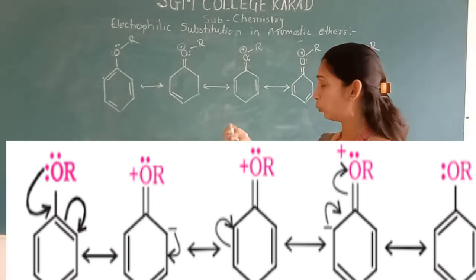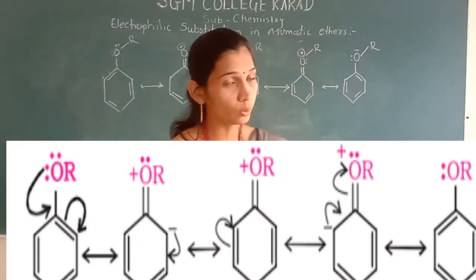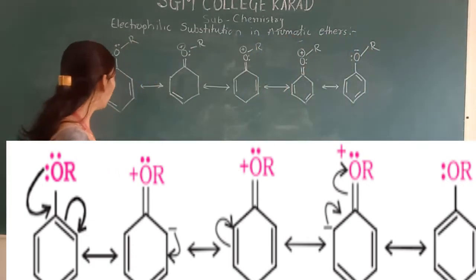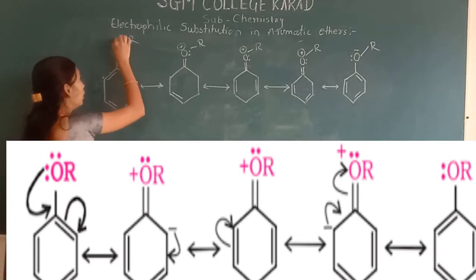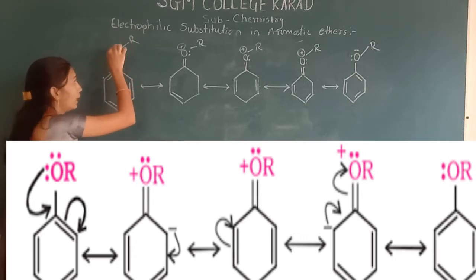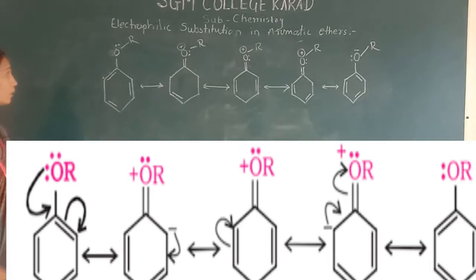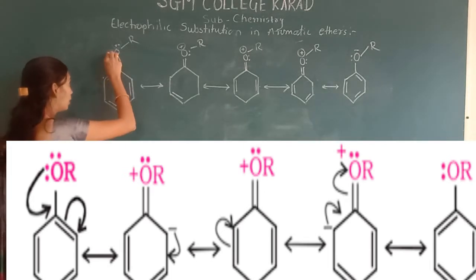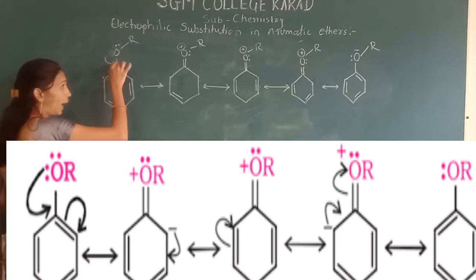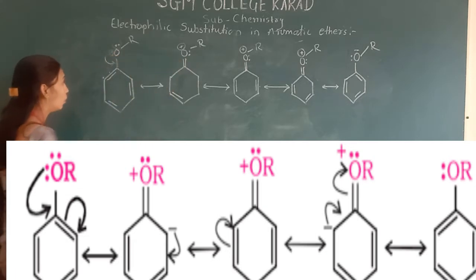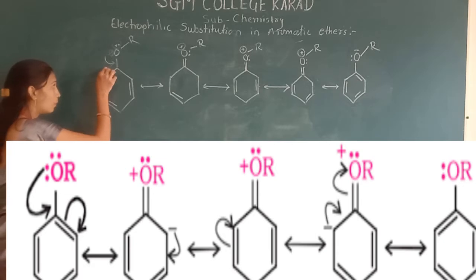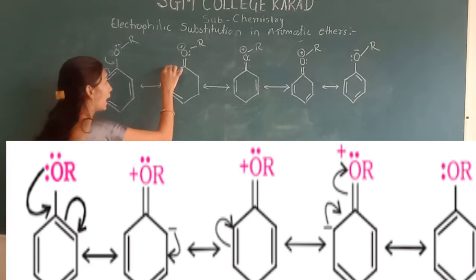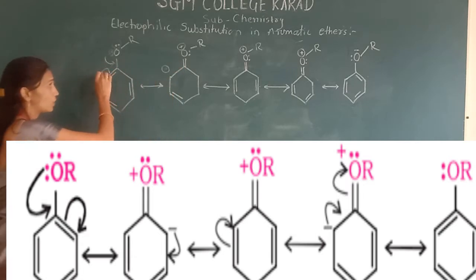This we see by the resonance structures. Now this O has lone pairs, two lone pairs are present on the oxygen. What happens here? One lone pair goes here and forms a double bond. From this double bond, one electron goes here and it has the negative charge.